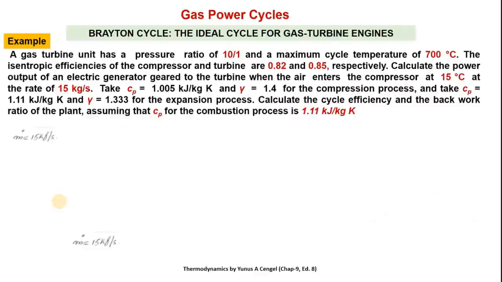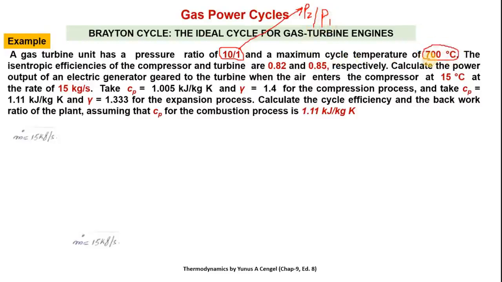Okay, so now we shall solve a numerical problem. A gas turbine unit has a pressure ratio of 10 to 1. Pressure ratio 10 to 1 means the pressure which is raised in the compressor, P2 by P1, and the maximum cycle temperature is 700 degrees Celsius.